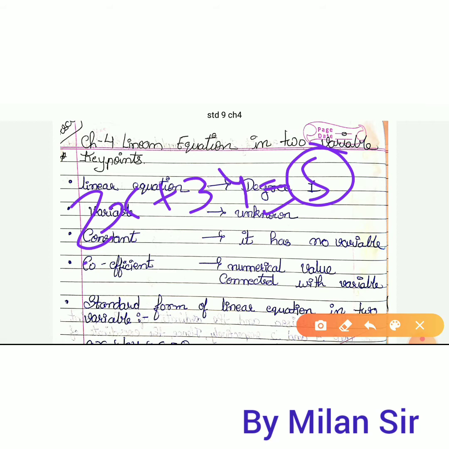Here if we talk about 2x, then x is a variable, we can change the value of x. If we change the value of x, then the value of 2x is changed. Same thing for 3y. Here we have 3 multiplied by y, so in the second term we can change the value of y.